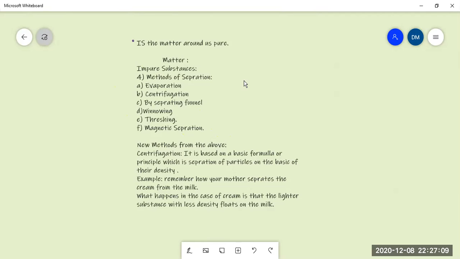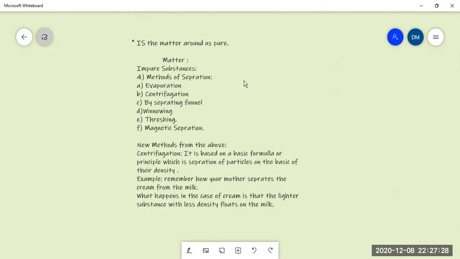The new method this year is centrifugation. It is based on a basic principle, which is separation of particles on the basis of their density. Now let us have an example.